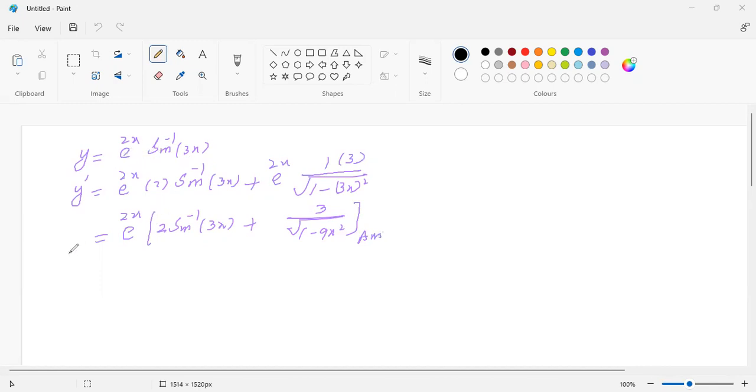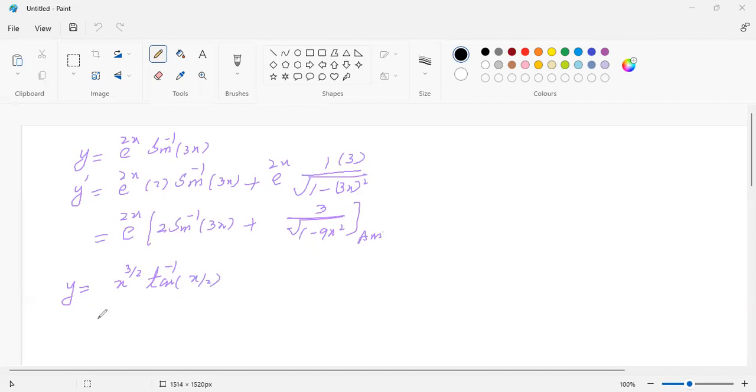And now look at another example. Let y equal x raised to 3 by 2 into tangent inverse of x by 2.